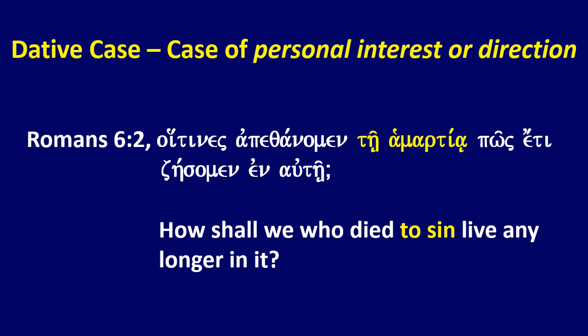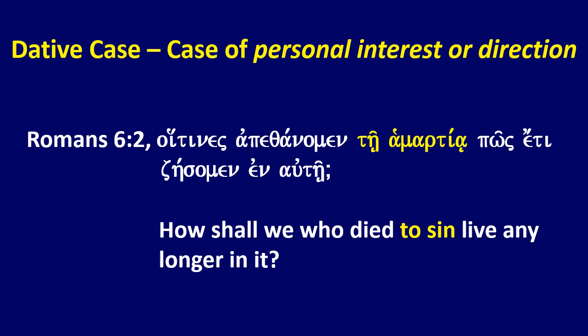Now, sometimes for sin doesn't make sense, and that's why you would reduce it to simply to sin. And so you'll have to ask yourself, if it's a dative case in spelling, should I translate this to sin or for sin? And you'll have to just ask which makes better sense in the sentence. And sometimes it's a difficult judgment call.